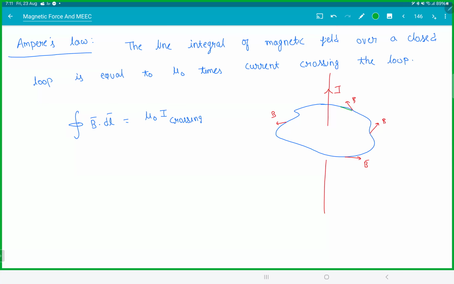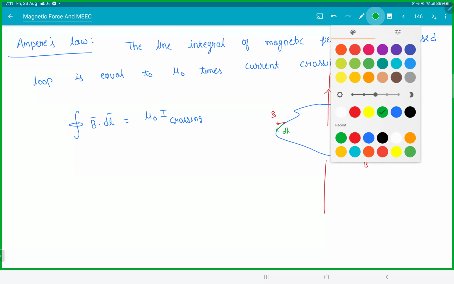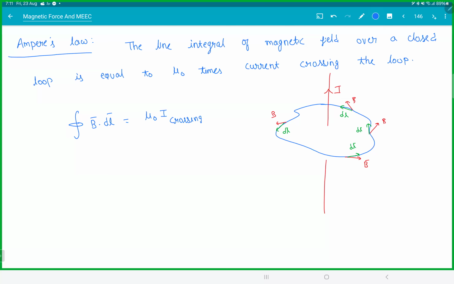And if you integrate, dl bar would be along the loop. So this formula says if you integrate B dot dl over this, you will end up with mu naught times I, the current crossing the loop.